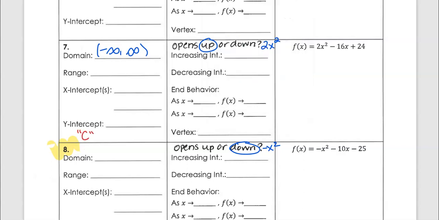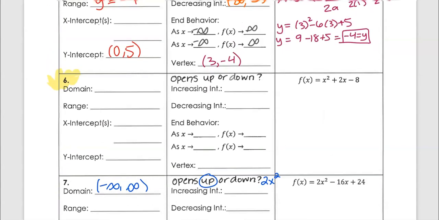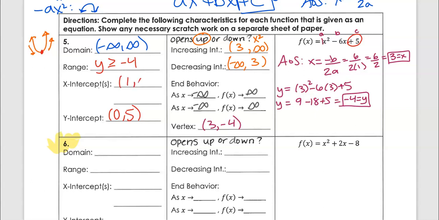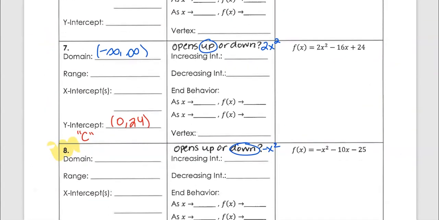Remember, that's the C value. Yeah, so 0, 24. Let me fill this in from earlier. All right, I can do end behavior, right? If I know it's opening up, then I know the left side and the right side are both going to positive infinity if we're opening up.